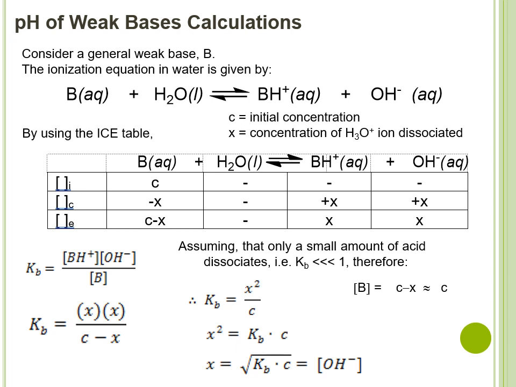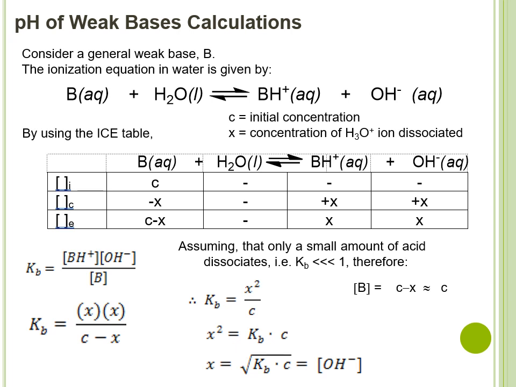Assuming that only a small amount of acid dissociates, whereby Ka is very minimal, less than 1, therefore C minus X can be assumed as C. It's the same as C because it's very near to C, because X is very small.